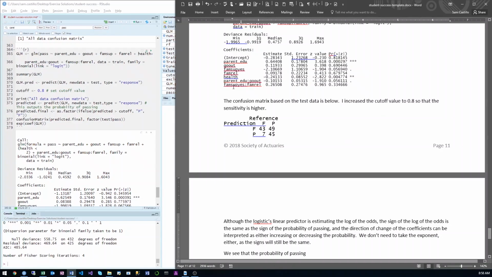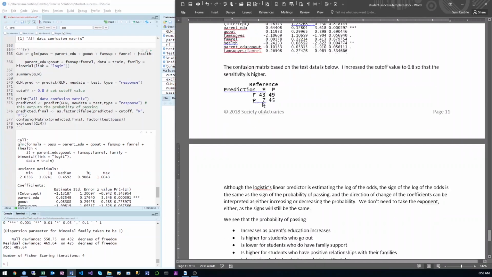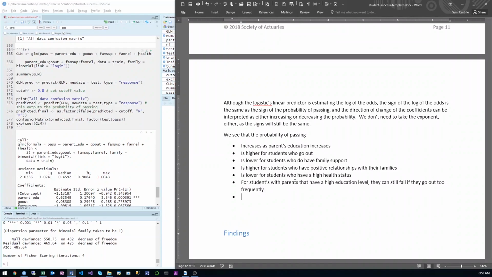And if they have family support and good family relationships, good family relationships can counteract the risk of failure, can counteract the effect of poverty, which is needing support.